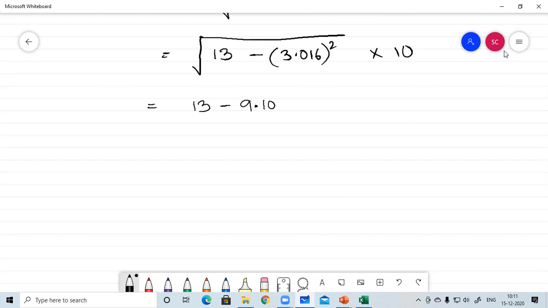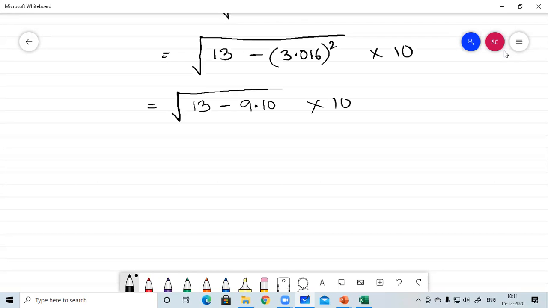It is like this on the calculator, 9.09625. If you want to round off to 2 decimal places, see the third one. If the third one is 5 or more, then the second one becomes +1. If the third one is less than 5, then the second one remains as it is. So 9 plus 1 became 10. This is how I got 9.10, under root into 10.